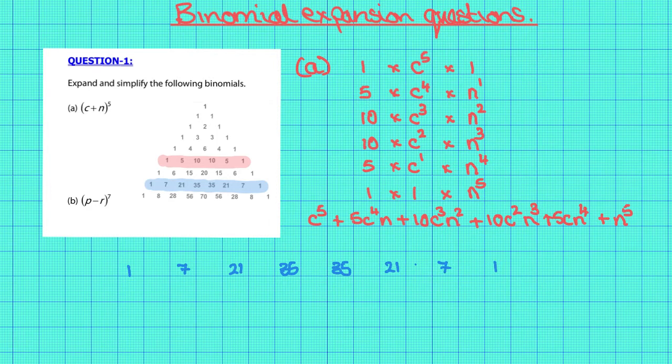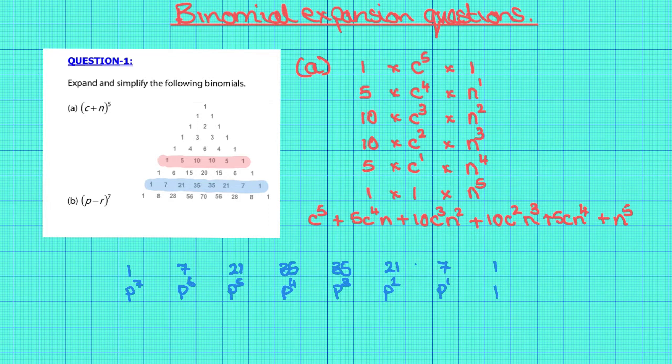Now write down the powers of p. p to the 7, p to the 6, p to the 5, p to the 4, p cubed, p squared, p to the power of 1, p to the power of 0 is 1.